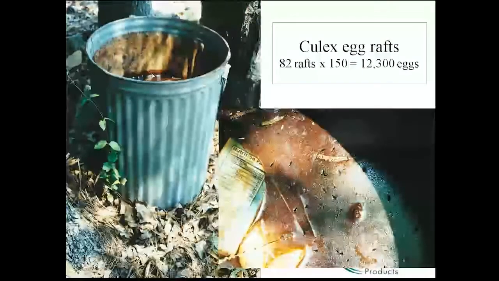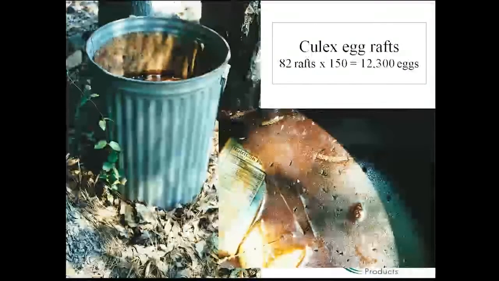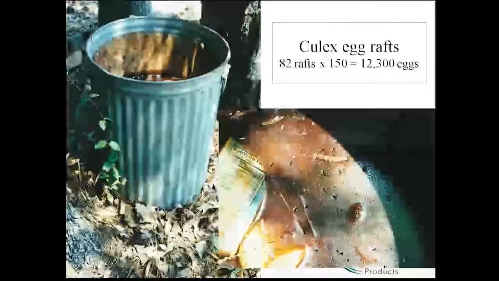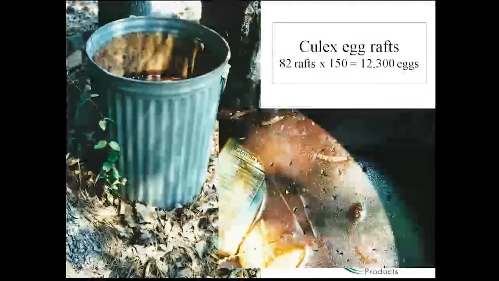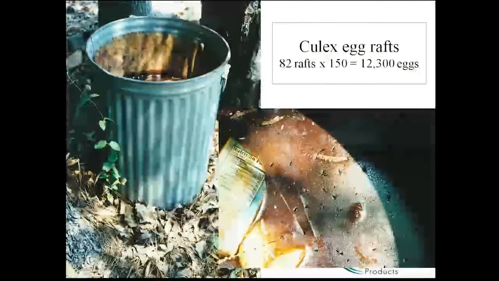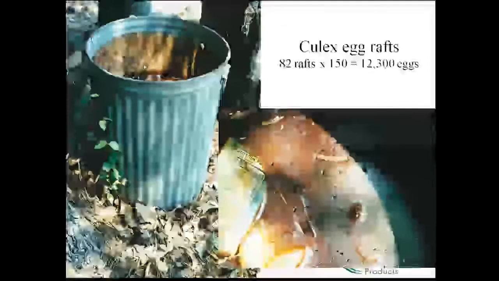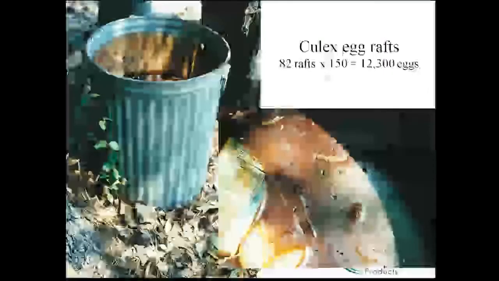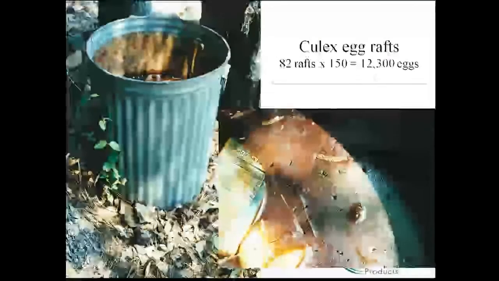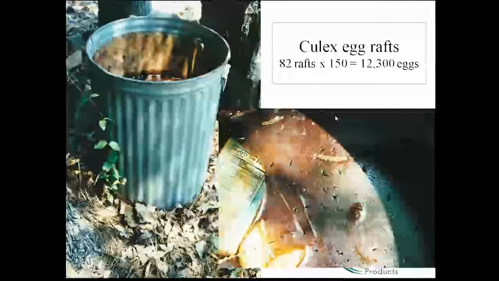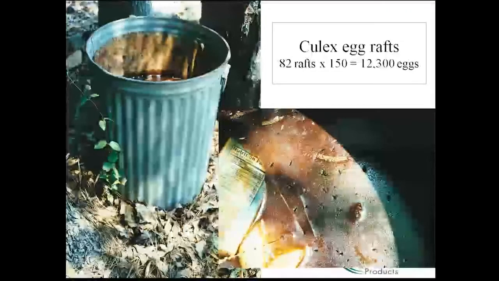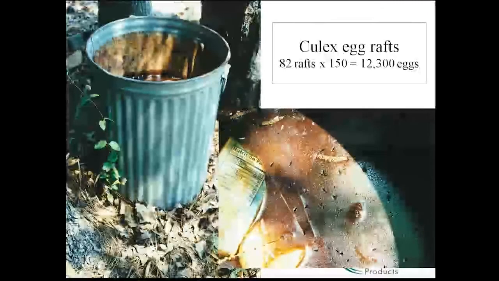But all these eggs are here, and Culex mosquitoes, they love heavily polluted water, and they usually breed pretty easily in something like this. So in this little can, I had 82 rafts times about 150 eggs, about 12,300 eggs, and with taking into account mortality, you're looking at about 8, 9, 10,000 mosquitoes coming out of this little trash can in the backyard.